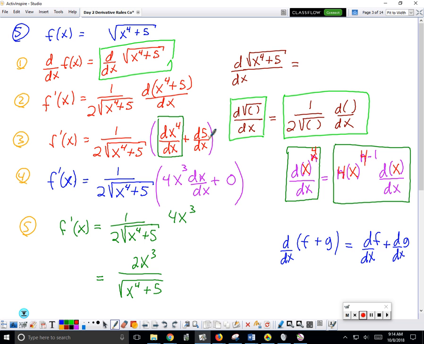Think of it this way. When you're finding a derivative of a function, the derivative operator is going to first operate on the entire function. So from 1 to 2, what happened was the derivative operator took care of the square root. But then it creates a new problem to be solved. So we've got to work on what was inside the square root. The addition property allows us to split that into 2 separate ones.